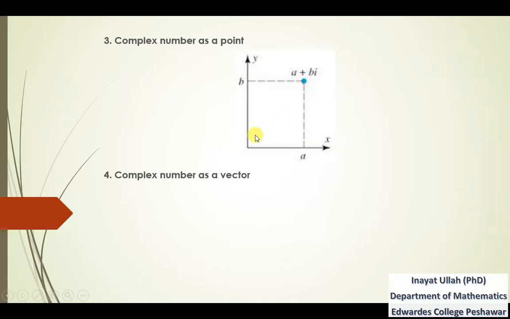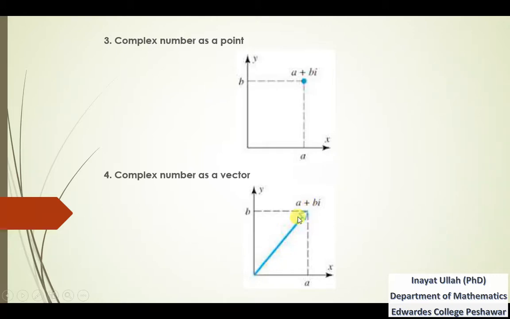Similarly, if we plot a vector from the origin towards that point, that vector is called the position vector of this complex number. That will be the vector notation for a complex number. We have plotted a vector which shows the position of this complex number in the xy plane.